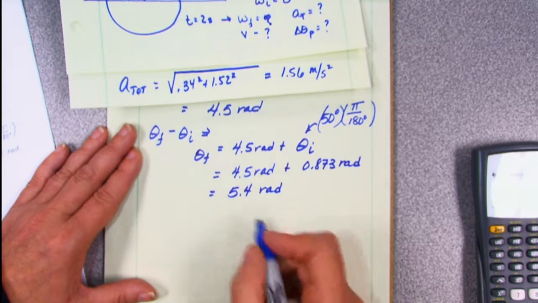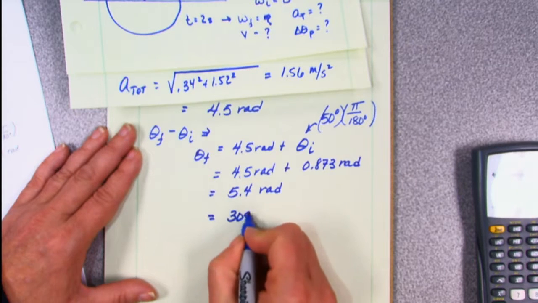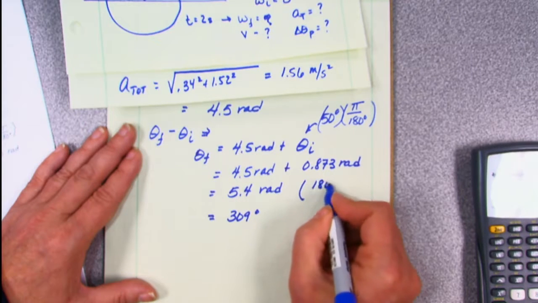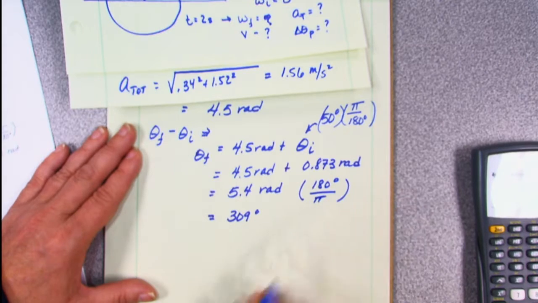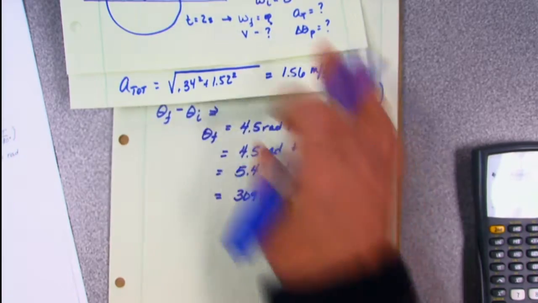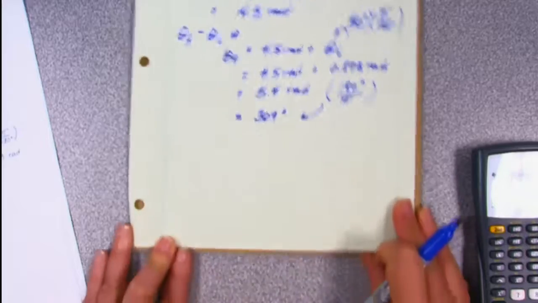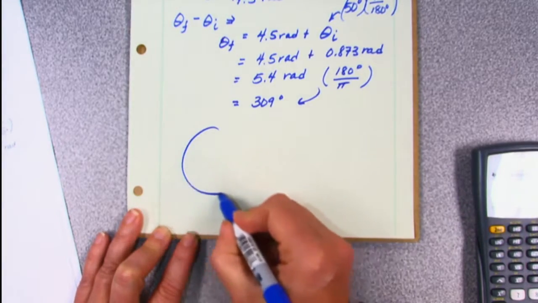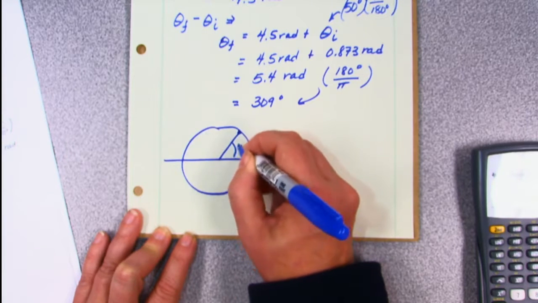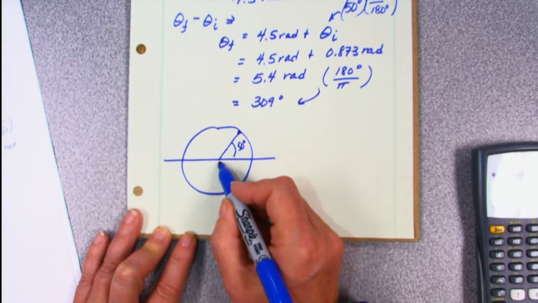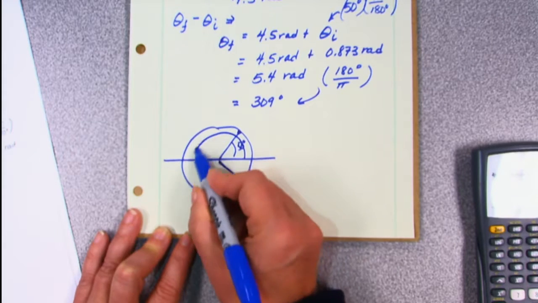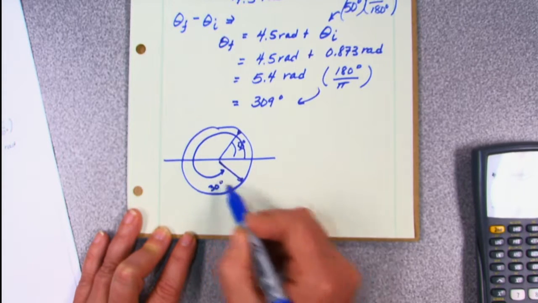Converting it to degrees so that we know what that is, that's going to be 309 degrees. That would be times 180 degrees divided by pi, which gives you that conversion back there. And so what happens here is if P was at 50 degrees, I end up down here, where this angle is 309 degrees.